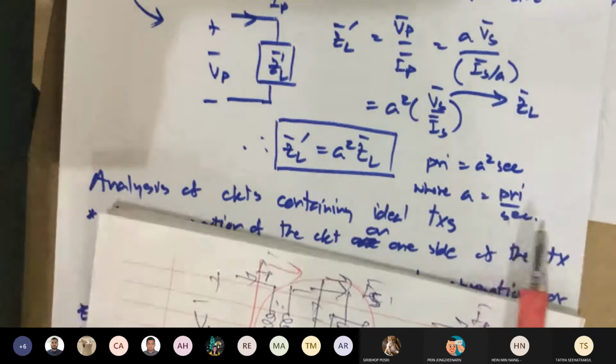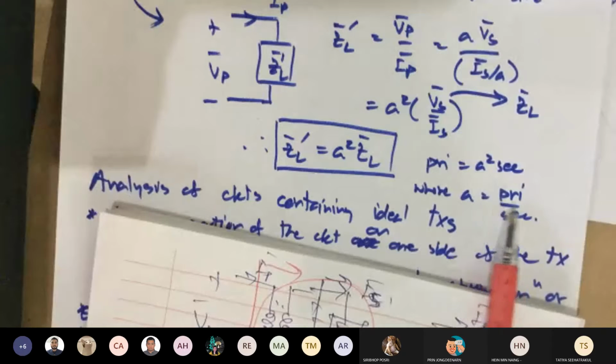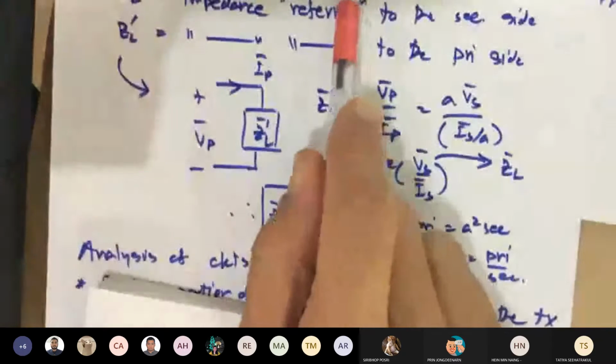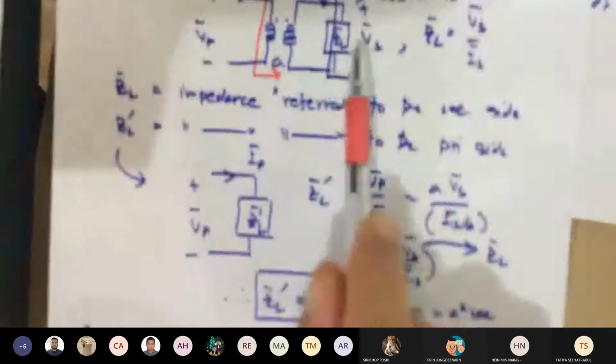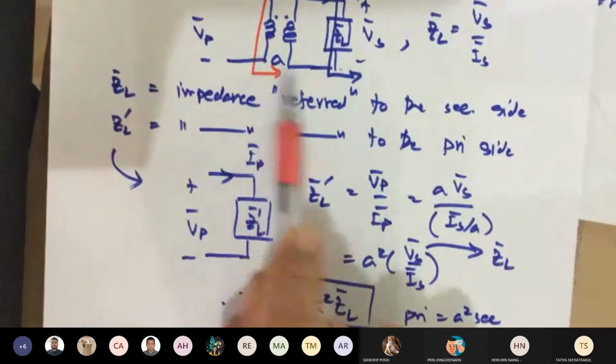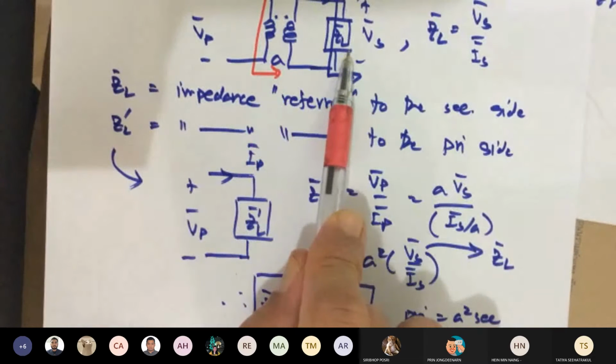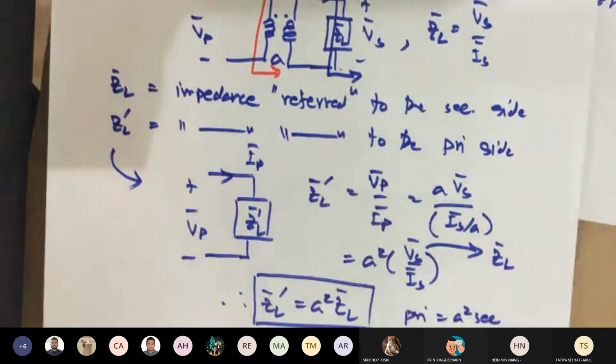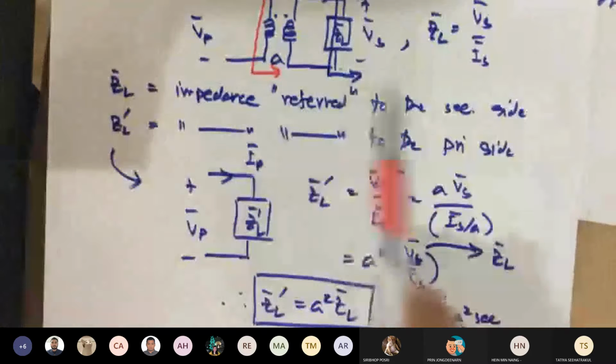Okay. So the turns ratio would have an effect on the impedance. See, if it's 1-to-1, there's no effect, but if there are other numbers, that would change. Okay. I should stop. I'll come back and give you a numerical example later.